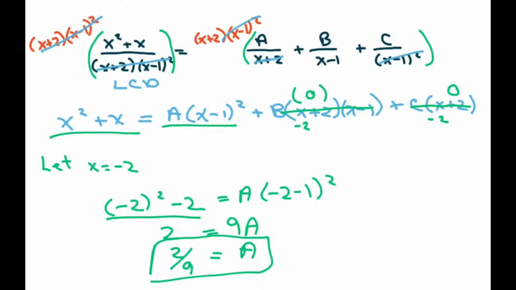Now, the next one I'm going to let x be 1. The A and B will cancel, and I can solve for C. So let me write it out. If I let x be 1, I'm going to have 1 squared plus 1. Everywhere there's an x, I'm going to put 1.